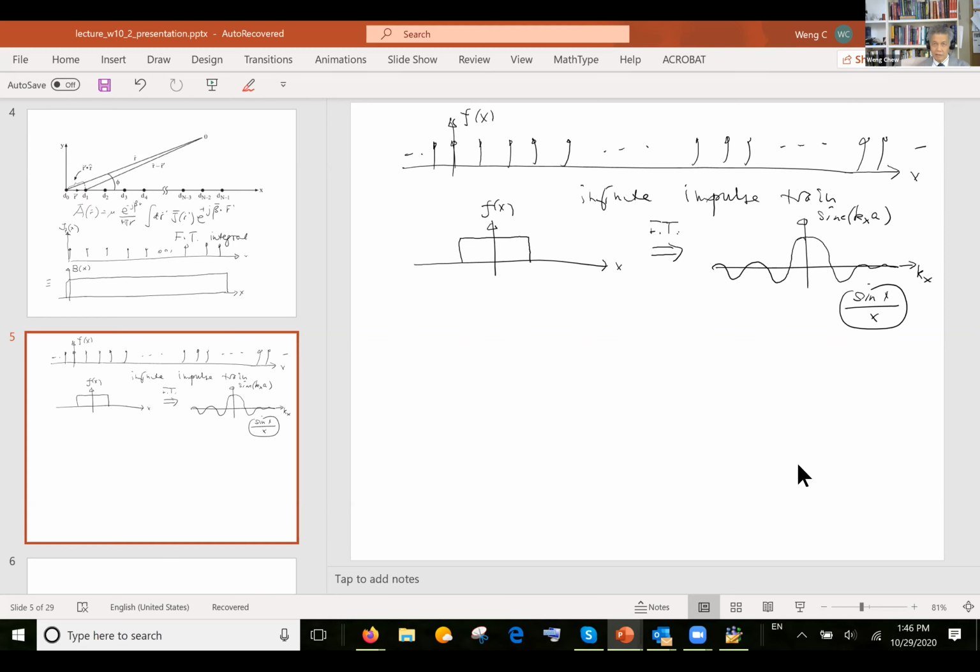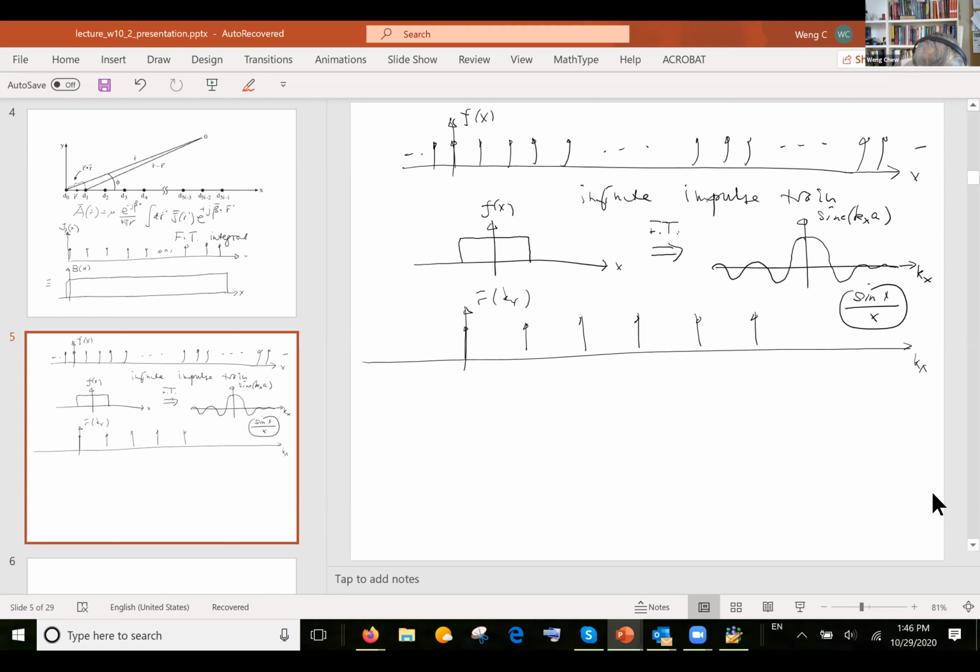And what else? I guess nobody knows. Nobody in the class knows what the Fourier transform of an infinite impulse train is. Okay, you have a train of impulses. The Fourier transform is also an infinite impulse train. So if you take this Fourier transform and ask yourself, what is f of kx? It is also a train of impulses.